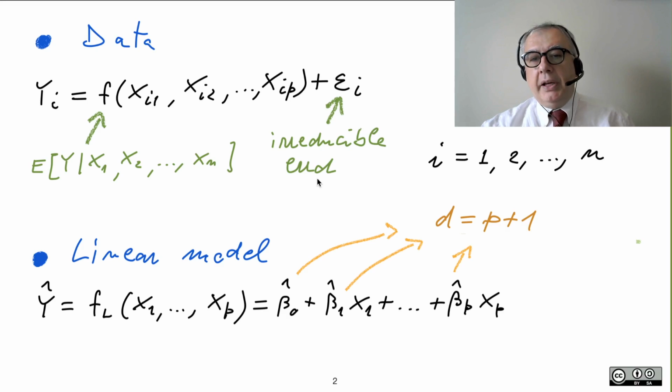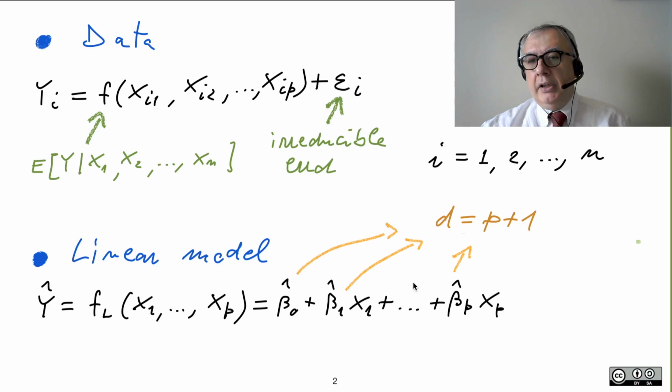Okay, and we are trying to perform regression on this data using a linear model. Therefore, our predictor is something like f_L, and it is a linear combination of the feature variables, and here you have the intercept.